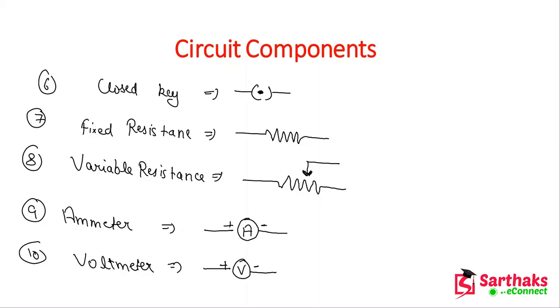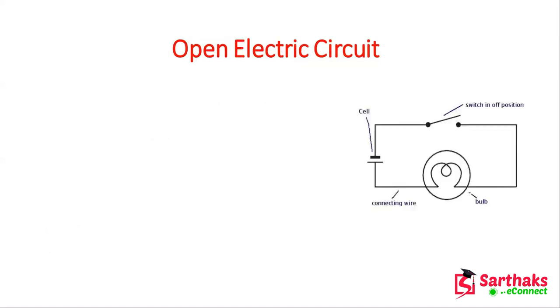Now the next topic that we are going to study is the open electric circuit. As we have seen the open key, this is the diagram of the open key, or switch. We can also call it a switch in off position.